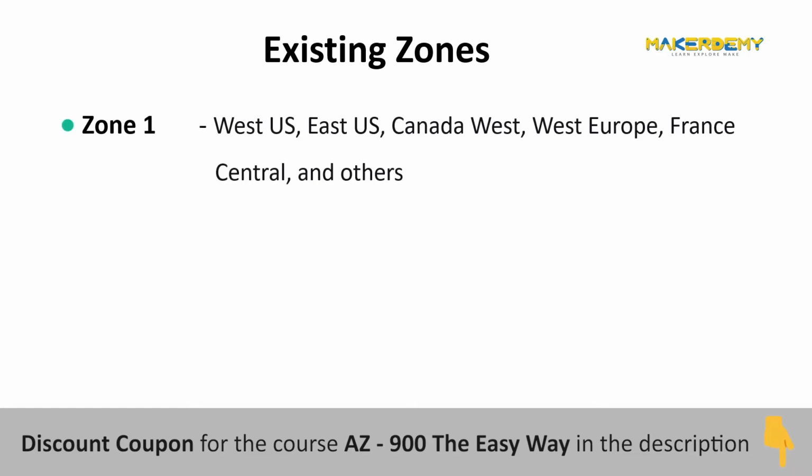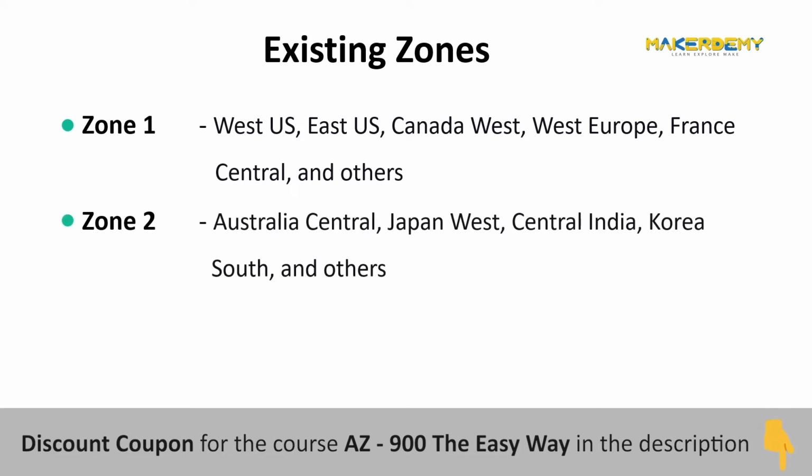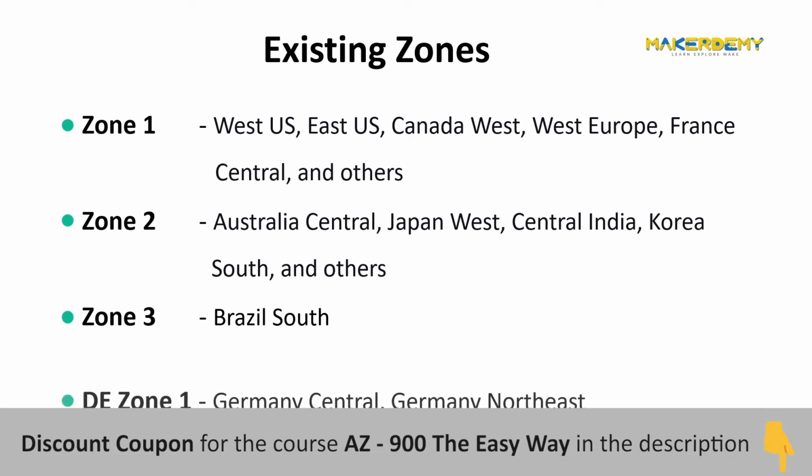Zone 1: West US, East US, Canada West, West Europe, France Central, and others. Zone 2: Australia Central, Japan West, Central India, Korea South, and others. Zone 3: Brazil South. DE Zone 1: Germany Central, Germany Northeast.